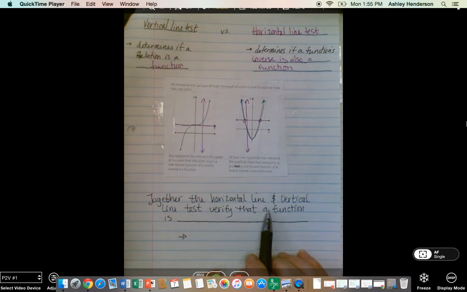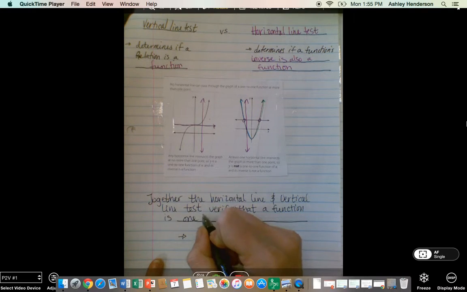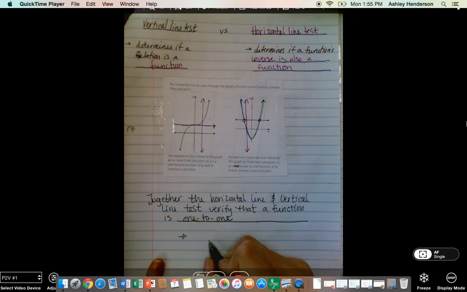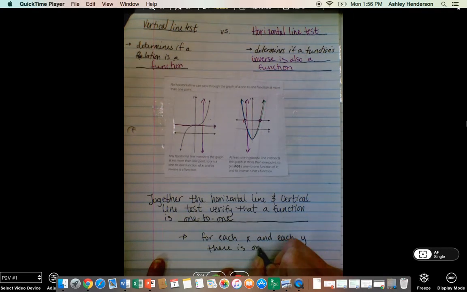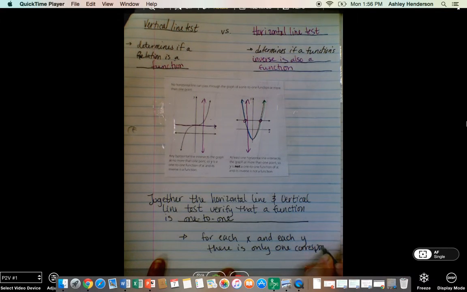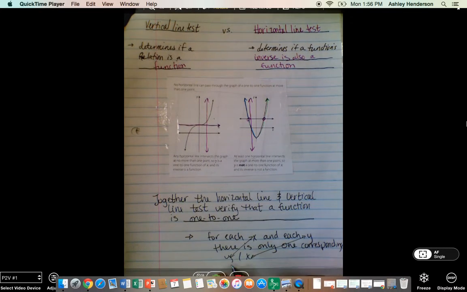Together, the horizontal line test and the vertical line test verify that a function is one-to-one, which means that for each x there is only one y, and for each y there is only one x.